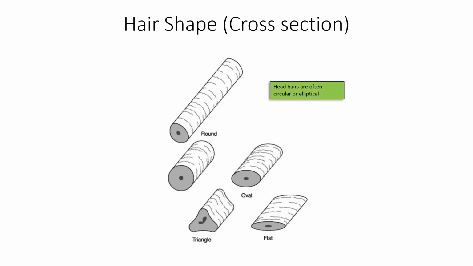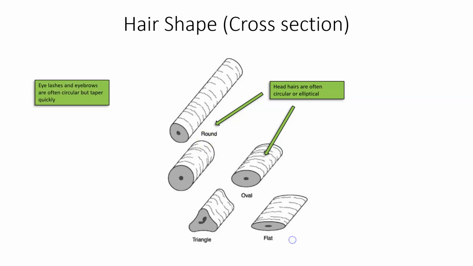So head hairs are often circular or elliptical, and you will see that they are round or elliptical based on whether they're straight or curly. Typically, straight hairs are more round, and curly hairs are more elliptical.